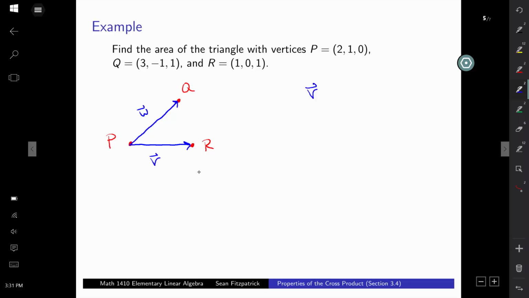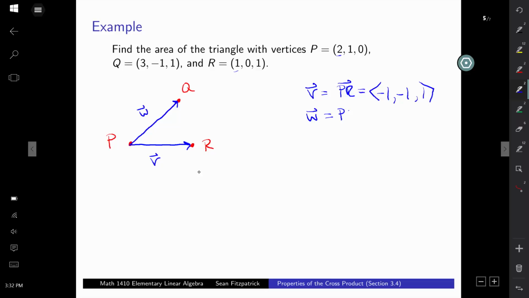Well, V is the vector from P to R. And remember, the way you construct these direction vectors is you take the coordinates of the head and subtract the coordinates of the tail. So for the vector from P to R, 1 minus 2 gives me minus 1, 0 minus 1 gives me minus 1, 1 minus 0 gives me 1.